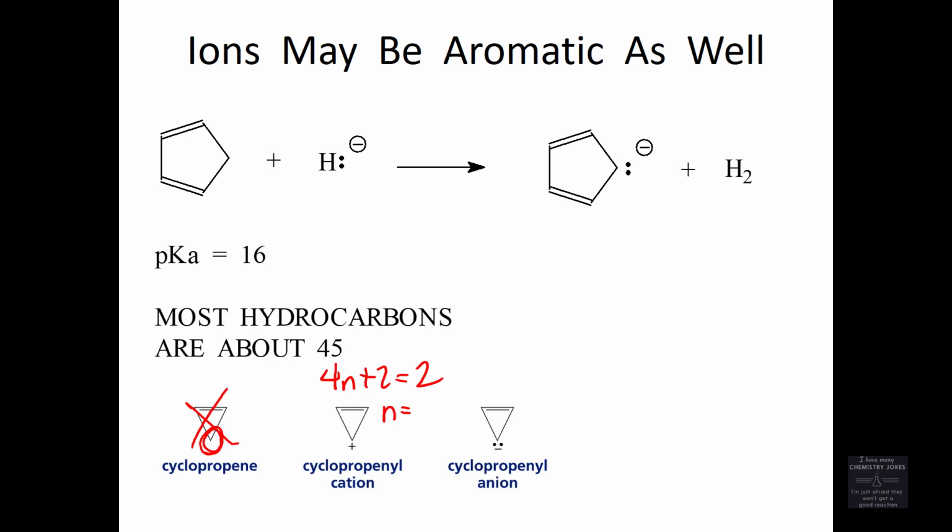N equals 0. It always amuses me to get you guys to do math. 4n plus 2 equals 4. N equals 1/2. So this one is aromatic, while the other one right beside it is not.